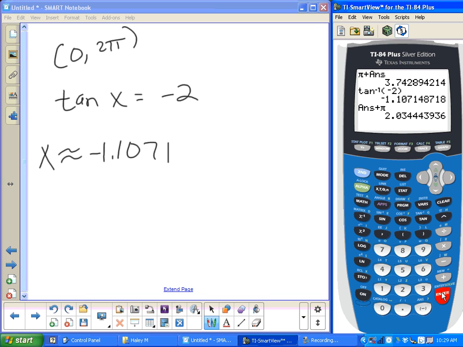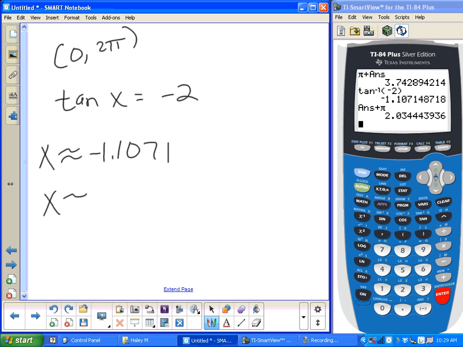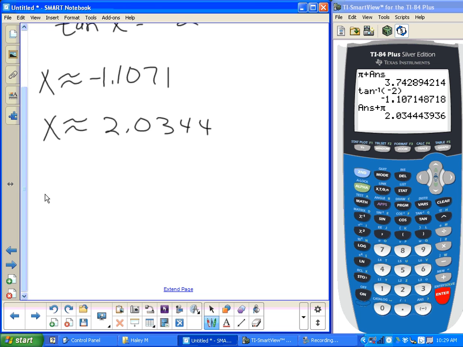Now there's a viable solution. So you got 2.0344. Now, there's still another one out there. Now let's find it. So let's draw it out. This is 1.57, 3.14, 4.71, 6.280.